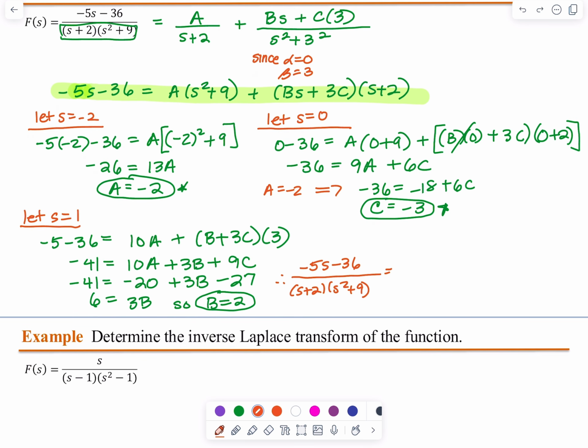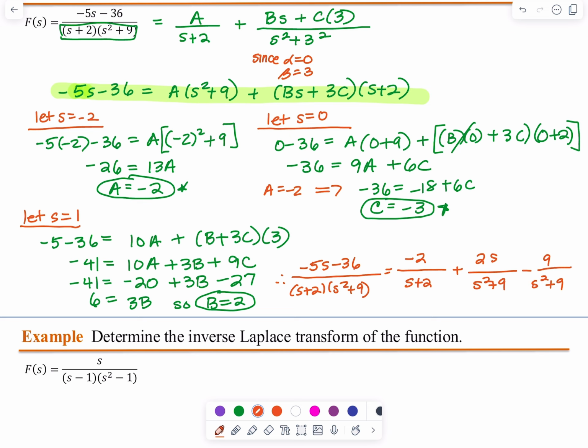So we have a negative 2 over s plus 2, and then we have a b times s, which would be a 2s divided by s squared plus 9. And we do want to have separate fractions. And then we have minus, and that's our c times 3. So we have a negative 9 divided by s squared plus 9.